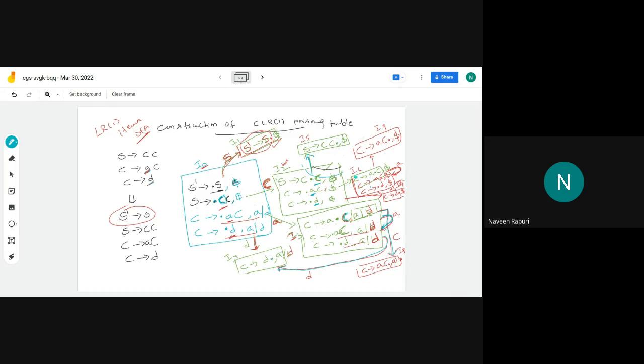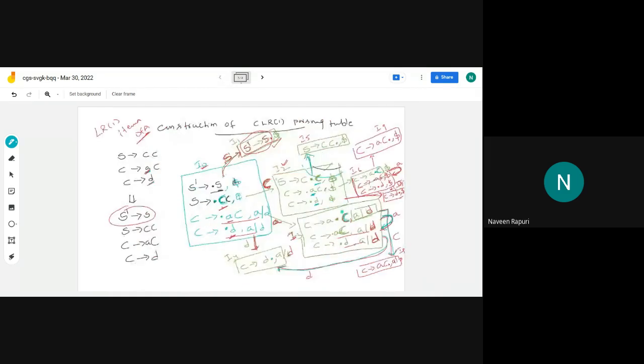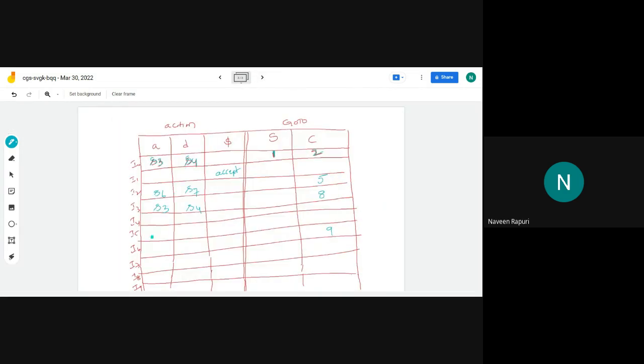Next, I6. I6 on dot C, capital C, it is moving to I9. I6 on C, it is moving to 9. And I6 on small a, it is remaining at the same position.